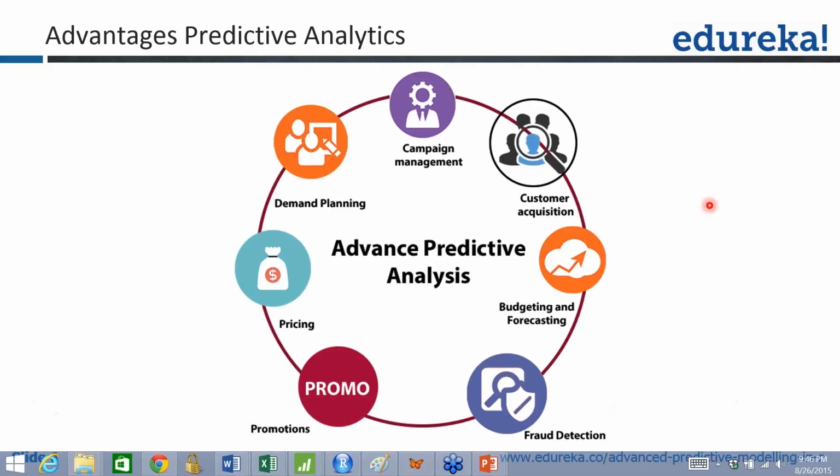When a customer walks into a retail store, he purchases a number of products. In any retail store, there could be tens of thousands of customers walking in on a monthly basis, so you have a huge database. Based on that large database, you analyze and see what are the various products which customers are purchasing in a single transaction.